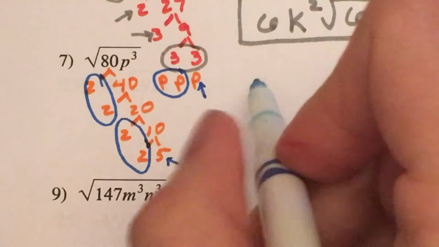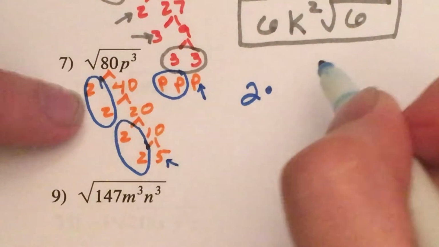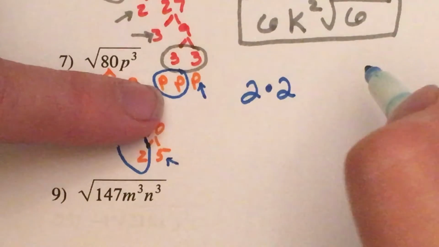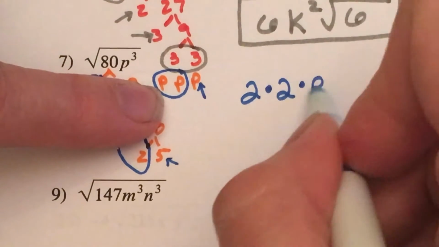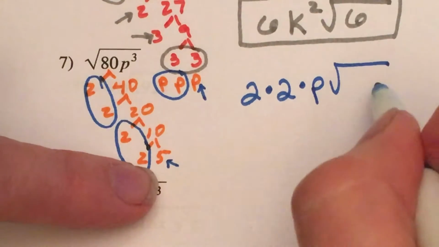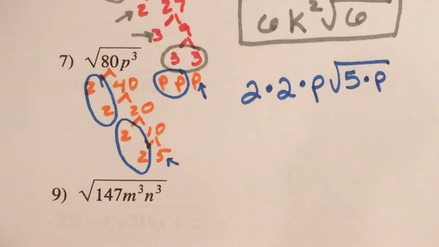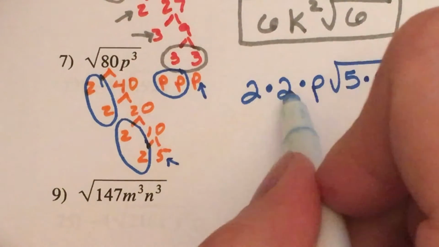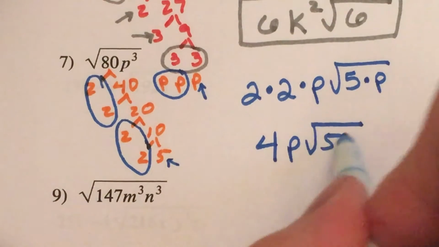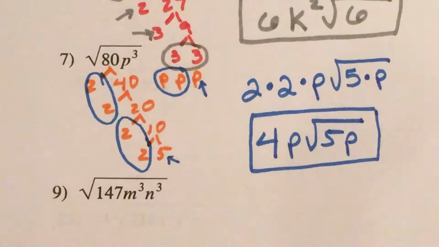Okay, a representative of my bundle of 2's times a representative of my other bundle of 2's times a representative of my bundle of piglets. Refrigerator, I got a 5 and another piglet. Let's clean this up. 2 times 2 times p, 4p times the square root of 5p. Done.